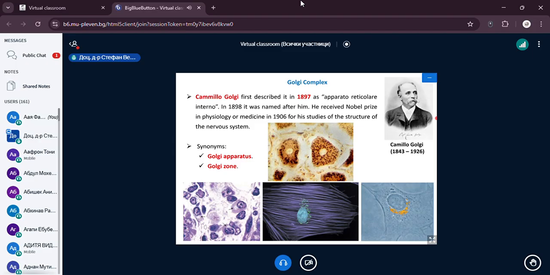And when Golgi apparatus is very abundant, the areas close to the nucleus, which are occupied by the structures of the Golgi complex, appear lightly stained or almost unstained, and that's how we can see the presence of the Golgi apparatus in such cells. This is a cell which has very abundant Golgi apparatus, also this one and this one. These cells are called plasma cells, and they produce proteins, antibodies. That's why they have many Golgi complex inside.